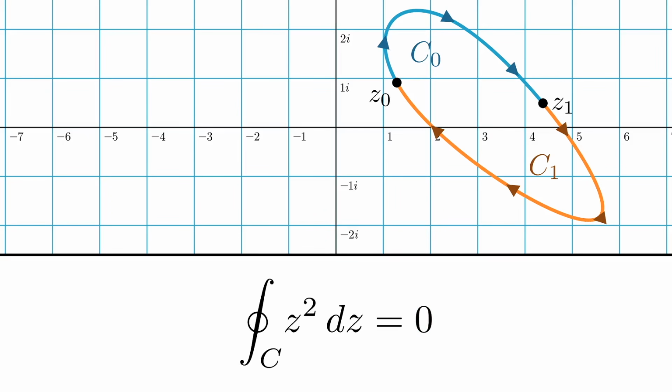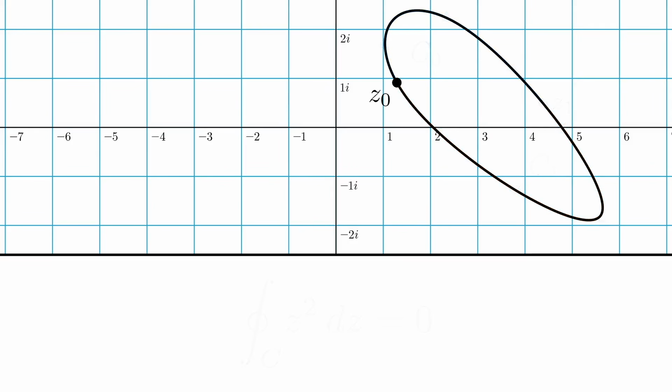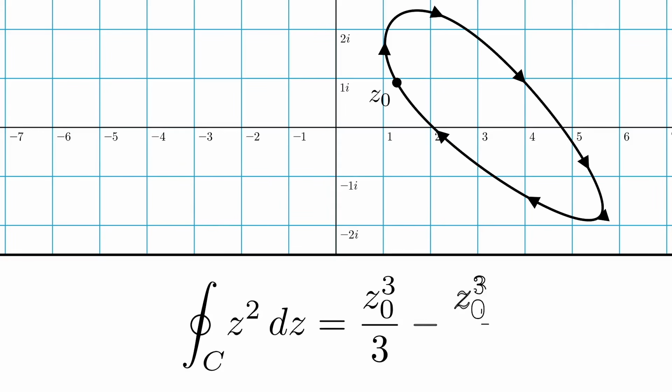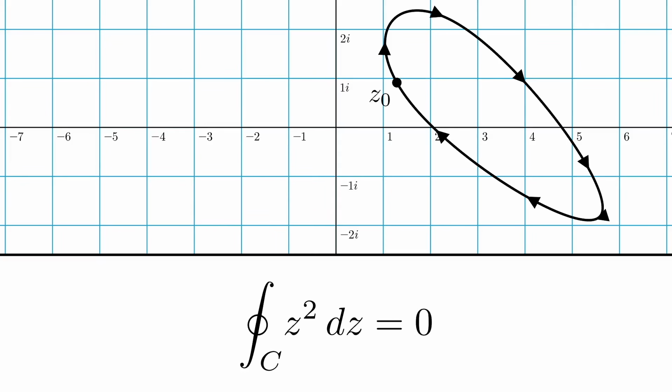A different way to think of this is to think of a closed curve as really being a curve that goes from a point z0 on the curve to itself. So that when we then apply the fundamental theorem of calculus, we end up getting z0 cubed over 3 minus z0 cubed over 3, which is, of course, 0.